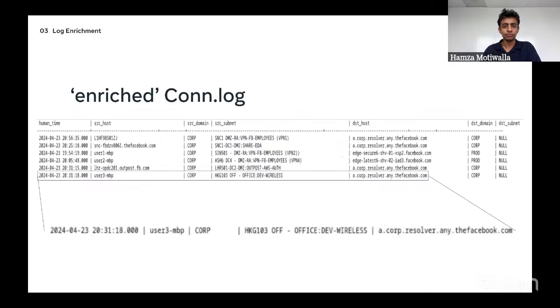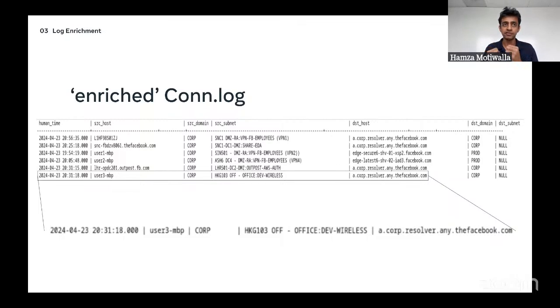But going back to our earlier example where we took the source and destination IP address, after we go through this enrichment step, the final product looks something like this. Instead of source IP, now we have source host. The source host could be an employee laptop, an enterprise server, a production server, it could be anything. So the connection that we spoke about was basically user three, who was in corp.